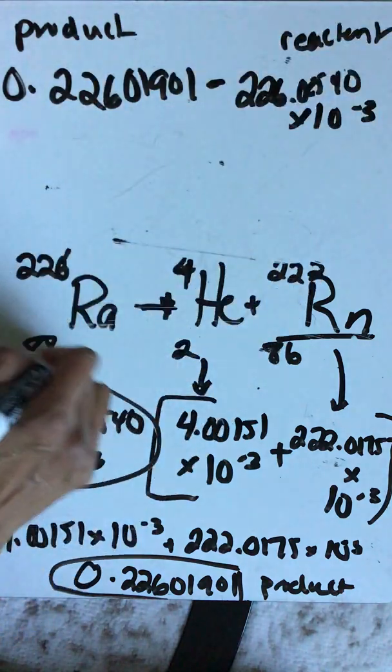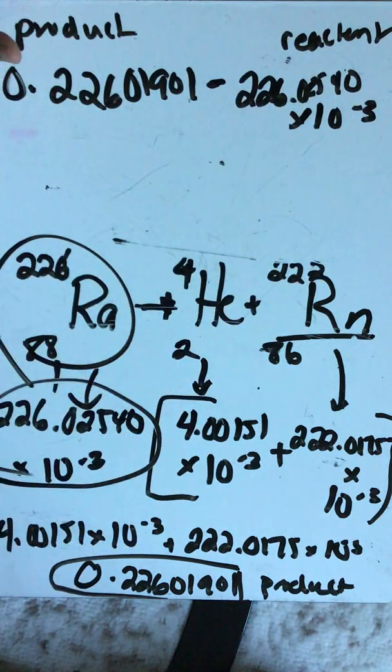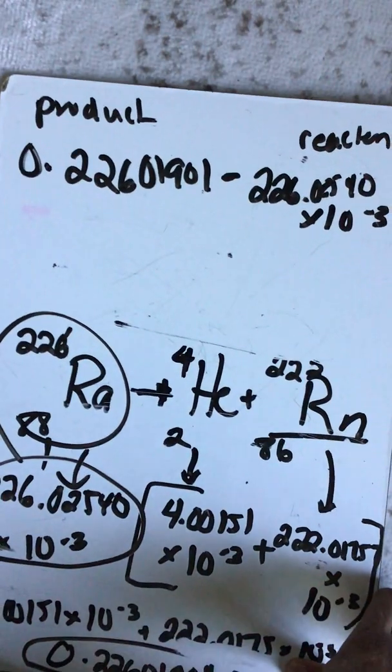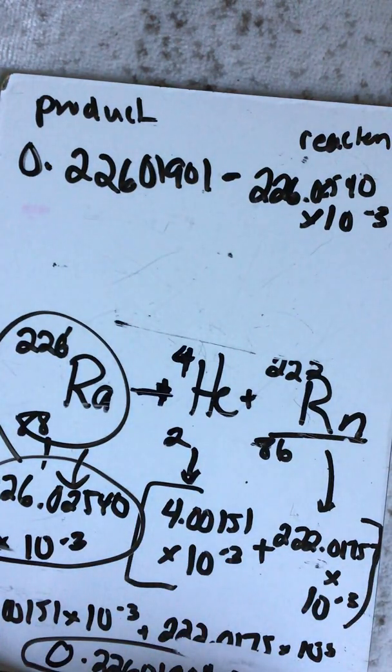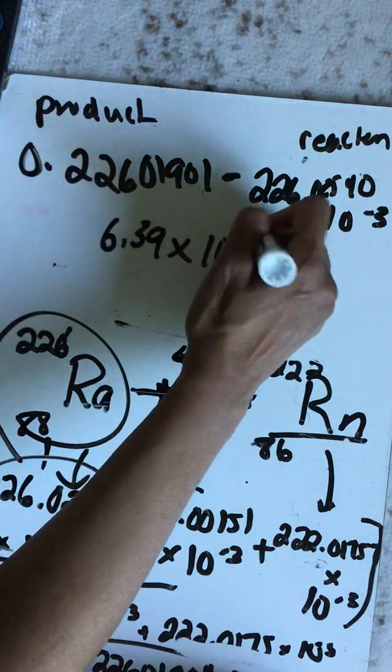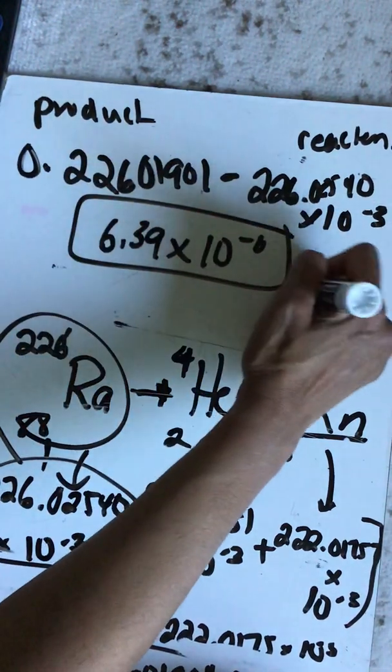We only had one reactant, so we only use the number here for that. So my answer then becomes 6.39 times 10 to the negative 6. Okay, so that's my change in mass.